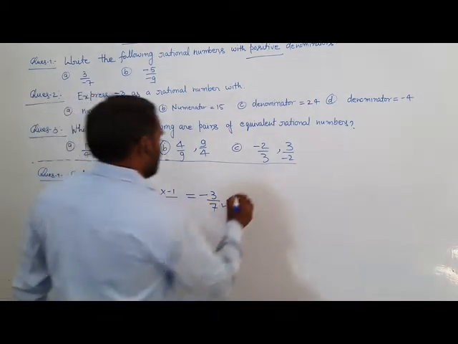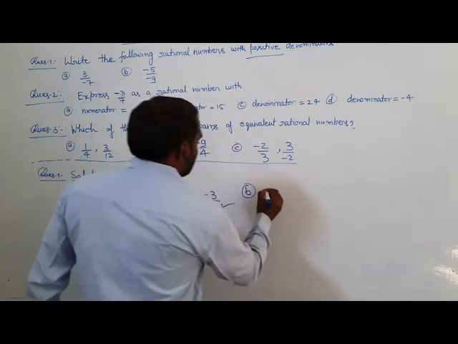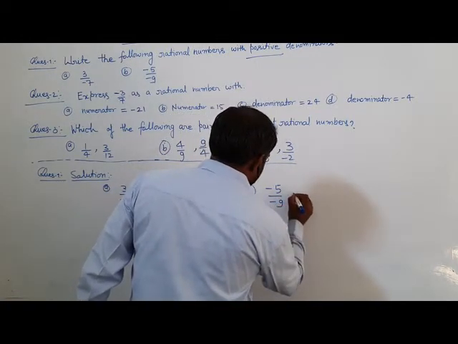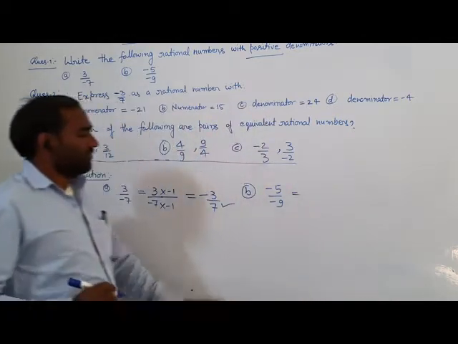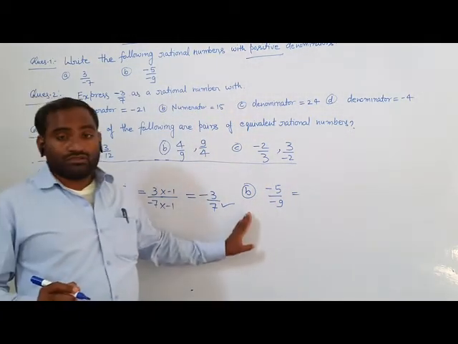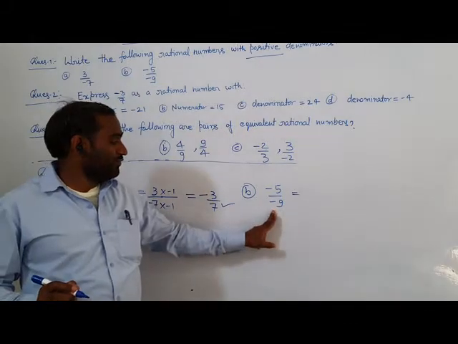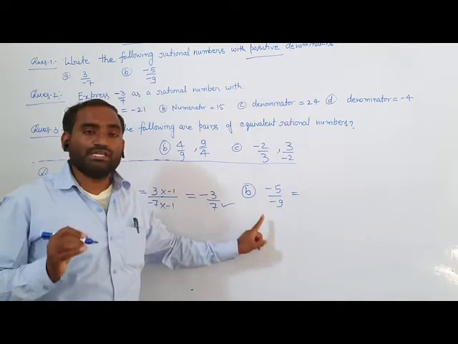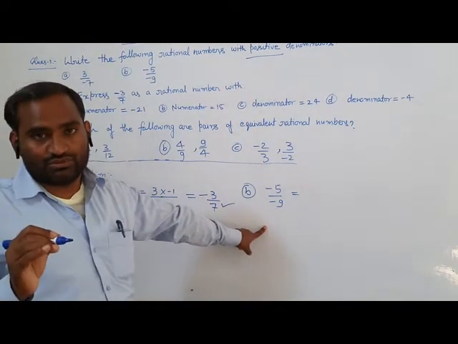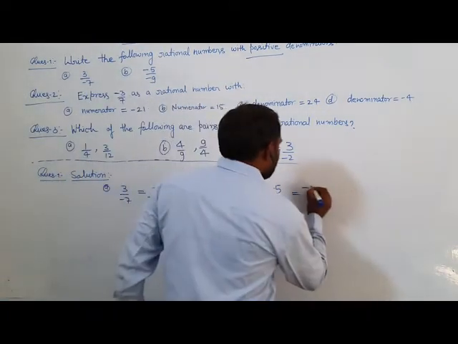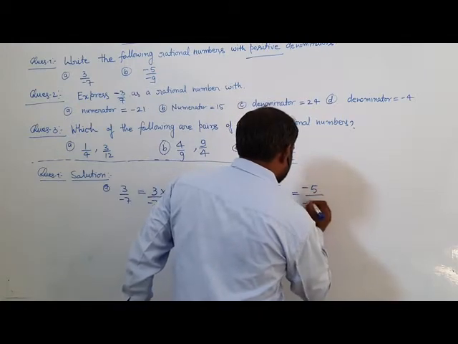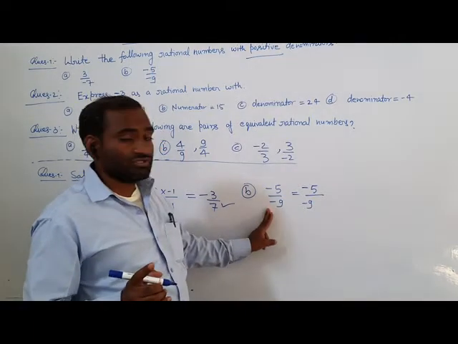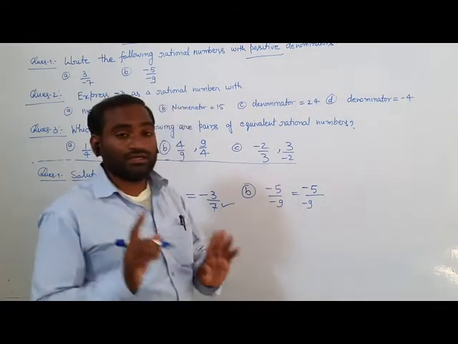Second, B: minus 5 by minus 9. Here you have to change the denominator. Denominator is negative, you have to change it into positive. So we have to multiply minus 9 by minus 1. If you multiply negative sign with negative sign, the answer is positive.